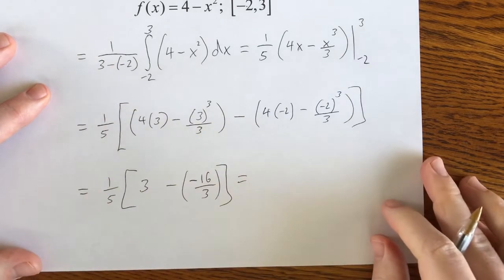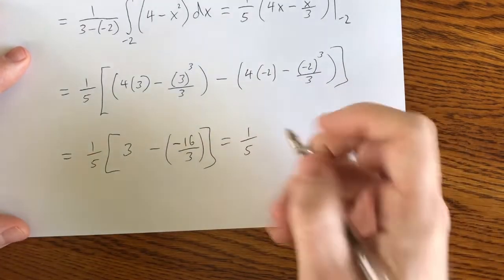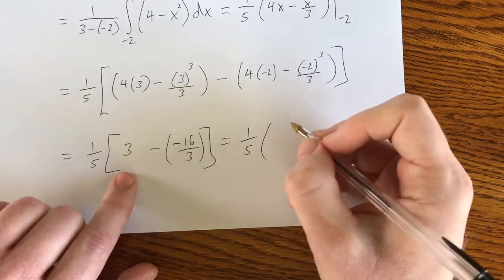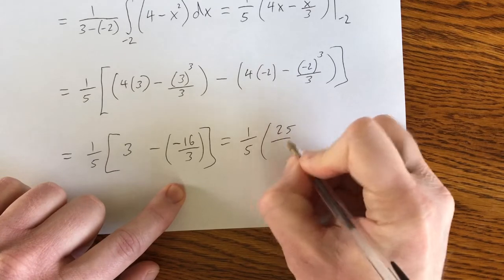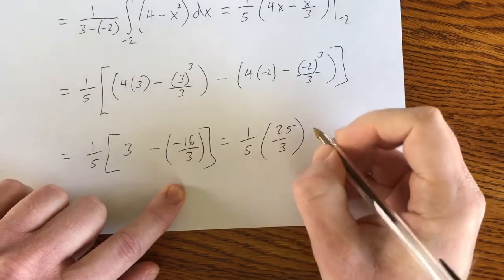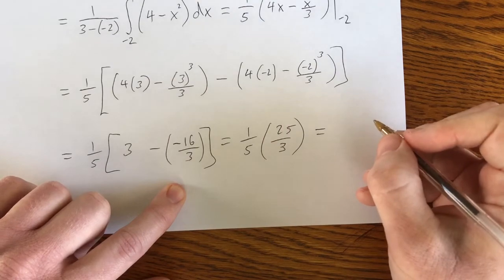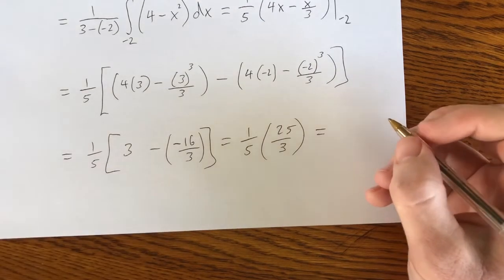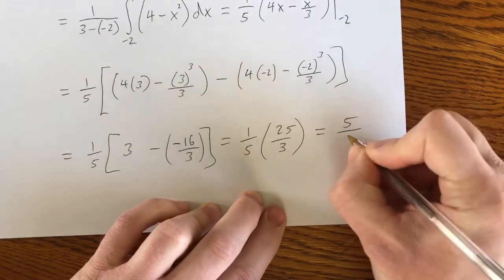And so what is this equal to? Well, 1/5 times whatever we get in the brackets, which I believe is what? 3 plus 16/3 is 25/3. So the result here, the average value of our function f over this closed interval from -2 to 3 would be 5/3.